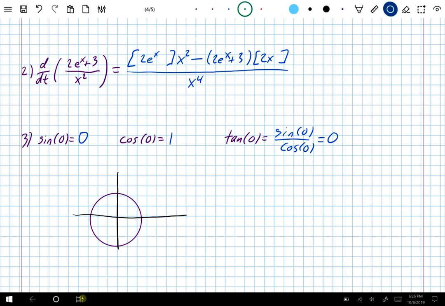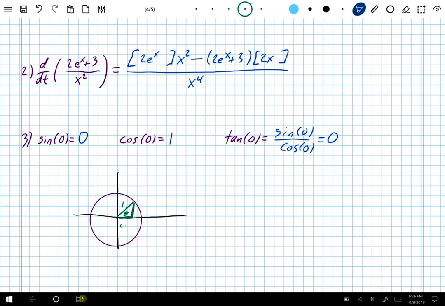But if I had an angle, here we go, theta, this would be length 1, because it's a unit circle, the radius is 1. Well, then there is a secret right triangle here.